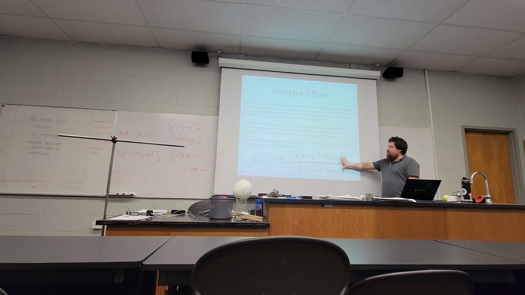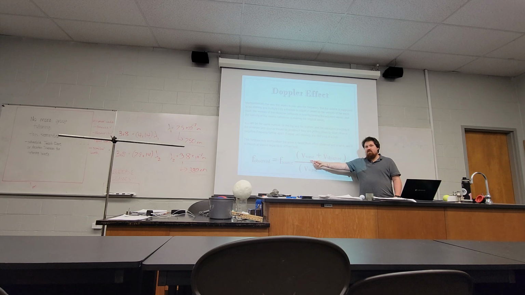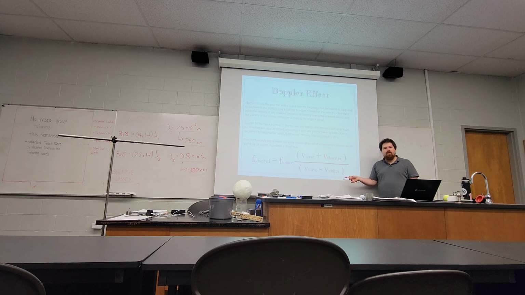And then you multiply it by this very funky looking fraction that is kind of a ratio of observer speed divided by source speed. This fraction on the top says velocity wave plus velocity observer. This would be the speed of sound plus your speed. If you're not moving, that's just 0, but it does factor in whether you are moving as well. And then the bottom of the fraction is wave speed minus the speed of the source. So the speed of sound minus the ambulance's speed.